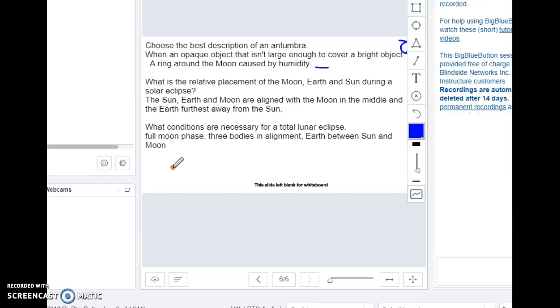I do want to point out, we're talking about a total lunar eclipse versus a solar eclipse. In a solar eclipse, the moon is in the middle. In a lunar eclipse, we have the Earth in the middle. Solar, moon in the middle; lunar, Earth in the middle.